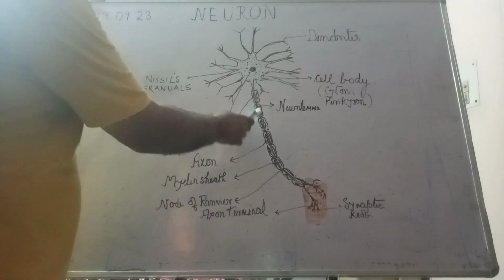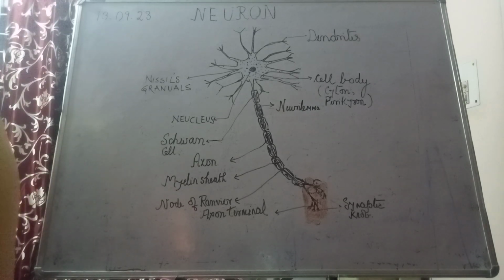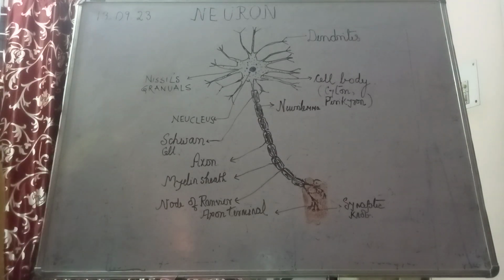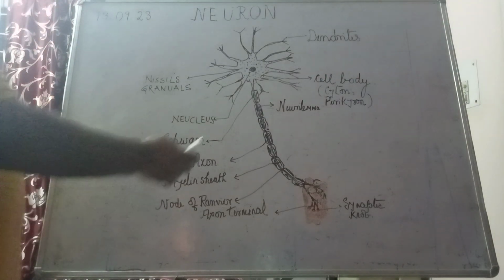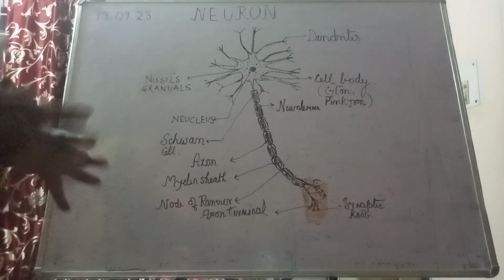Inside there is another protection that is called the myelin sheath. Myelin sheath is white colored sheet with a few layers. They are protecting the axon. Why? Because axon is carrying nerve impulse in a very high speed.